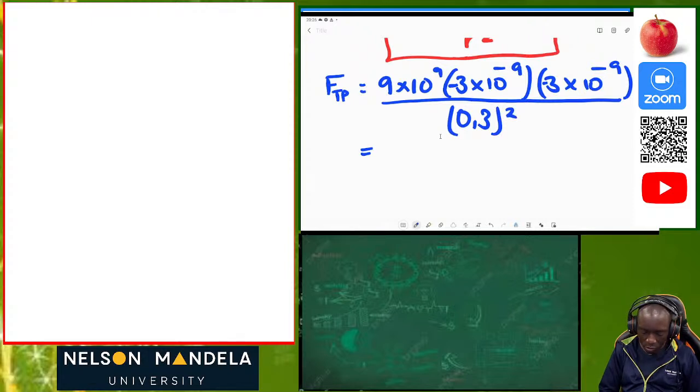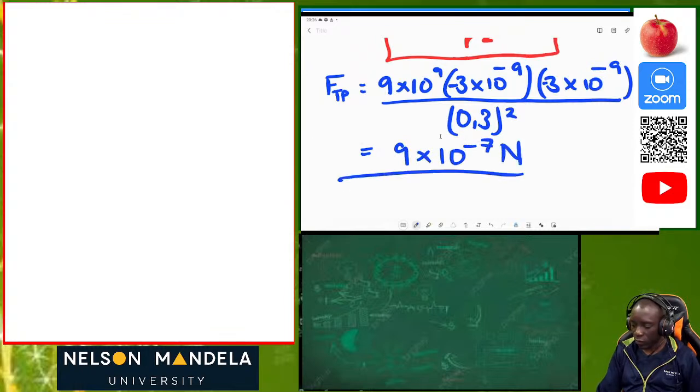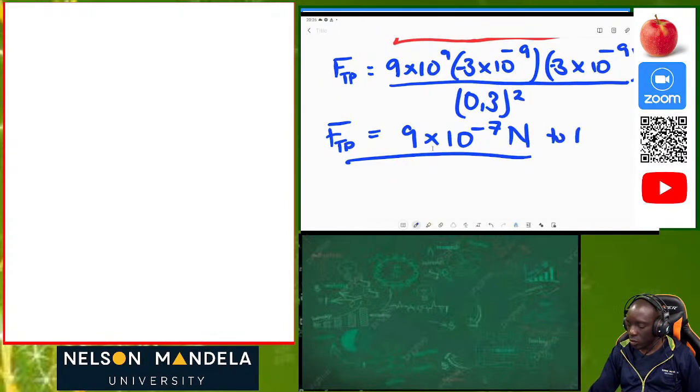This is 9 times 10 to the negative 7 newtons for force, and this is to the left.